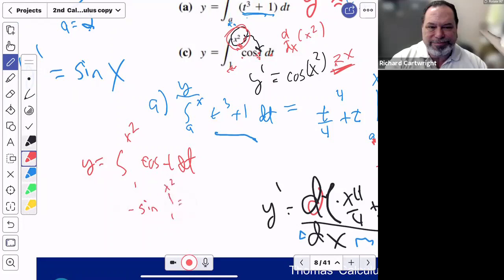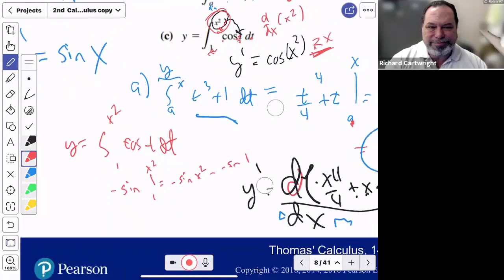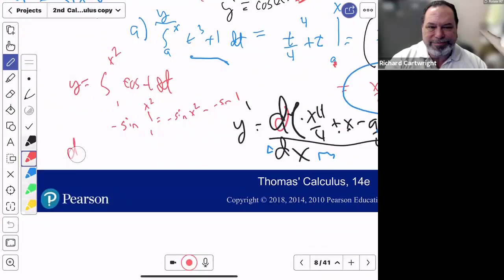Then you could have plugged in the x squared. That gives you a negative sine of x squared minus a negative sine of 1. Then I take the derivative of that answer, just for fun. Derivative of a negative sine of x squared, minus, that's plus sine of 1.